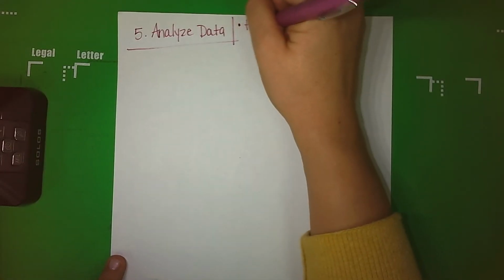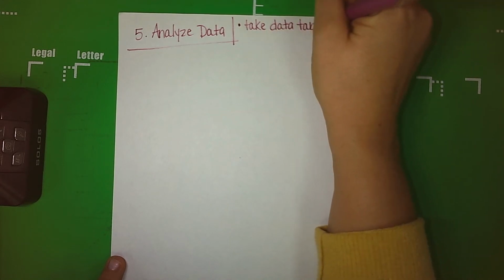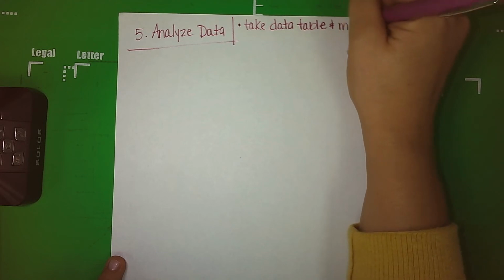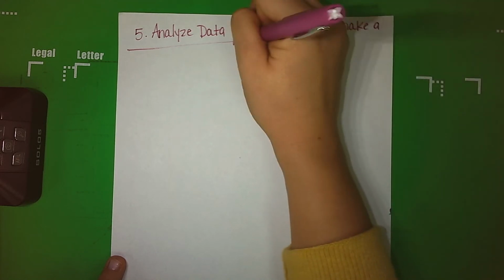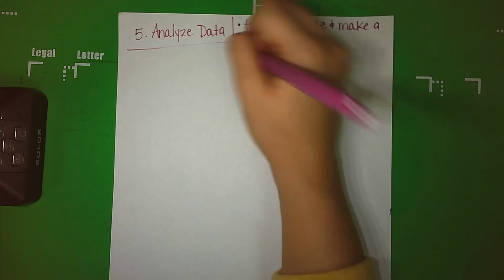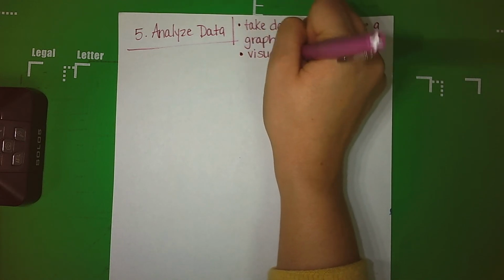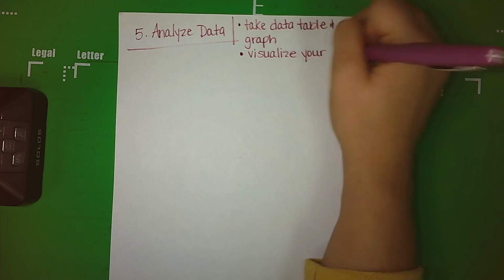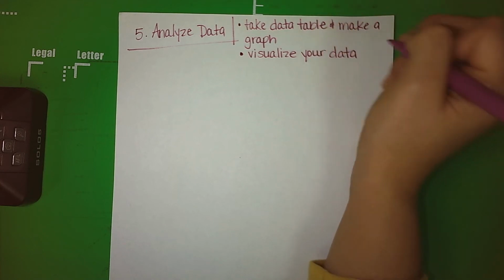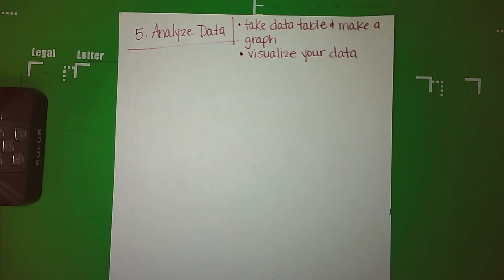This is where you take your data table and make a graph. We will talk more about this later. This is where you visualize your data. So a graph is a visual representation of your data. It helps you see that one number is higher than another. So you can see what the trend, or what happened.